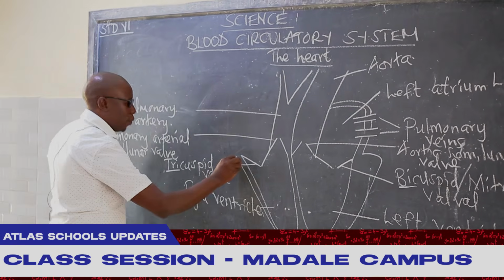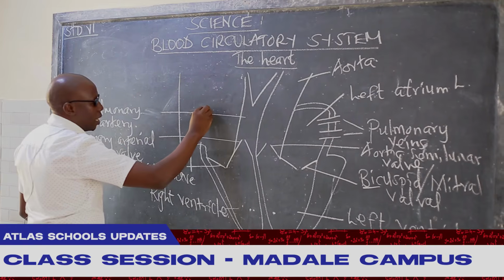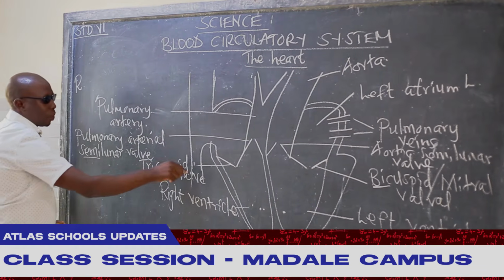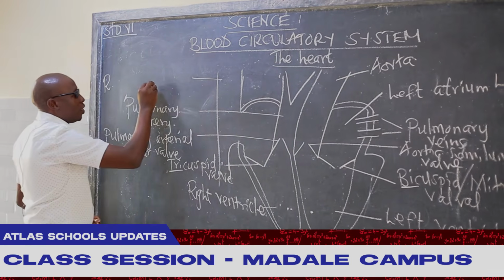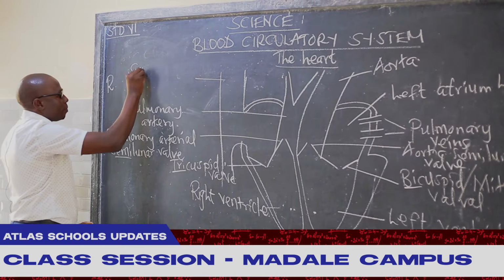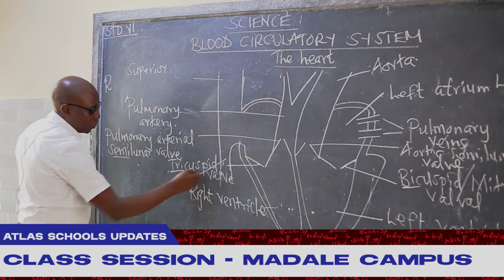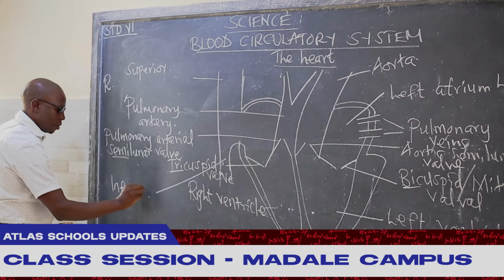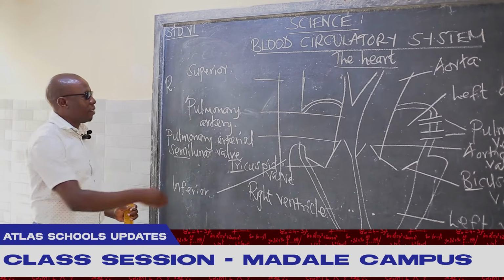Then now we develop the last chamber here. We have 2 large vessels here, okay? This one down here and this one up there. This one up here is known as superior. This one down here is known as the inferior. But both of them are known as vena.